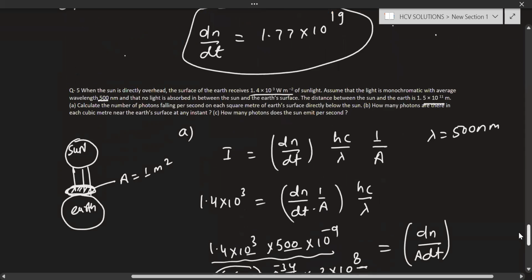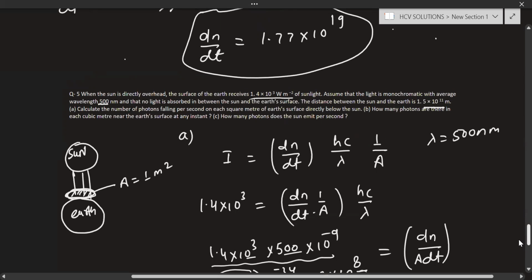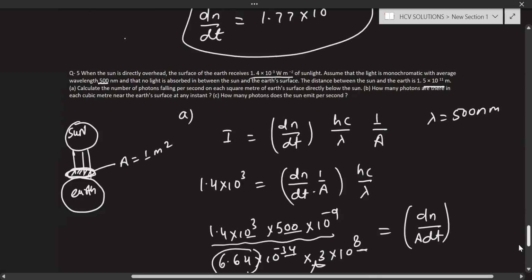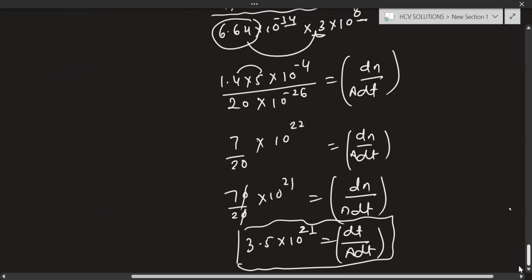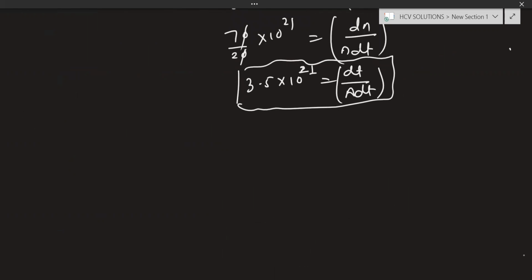Now we'll go to the second question. It asks, how many photons are there in each cubic meter near the Earth's surface at any instant? That means at any instant, how many photons are living in a volume of one cubic meter. We have the number of photons per unit time per unit area.